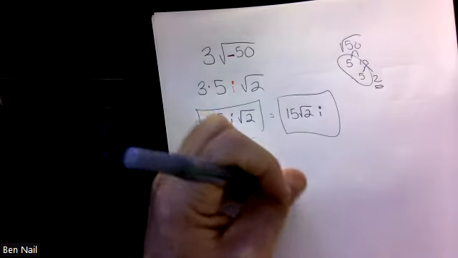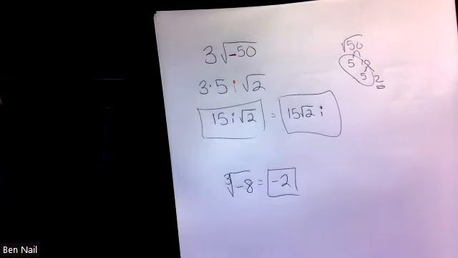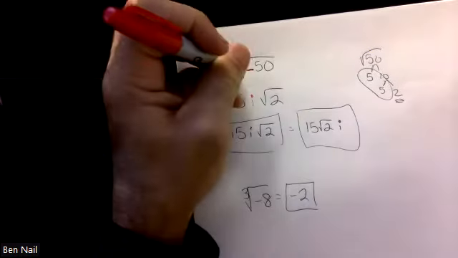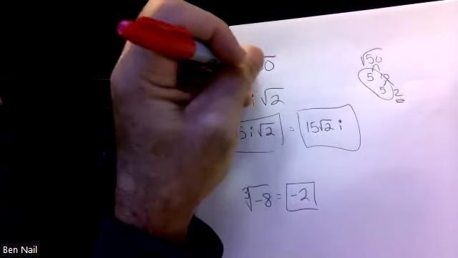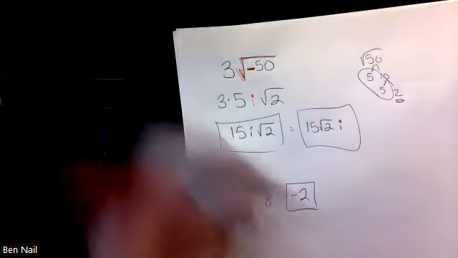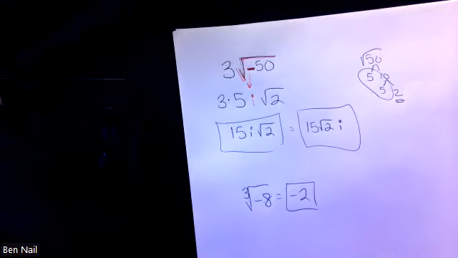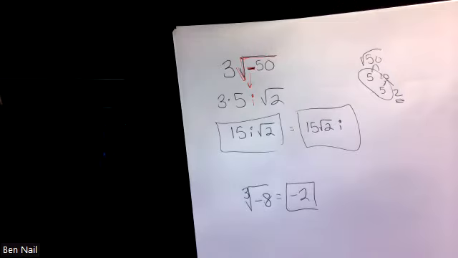So the cube root of -8 is just -2. That is not imaginary. Remember, imaginary numbers are only when you have the square root of a negative. So be aware of that.